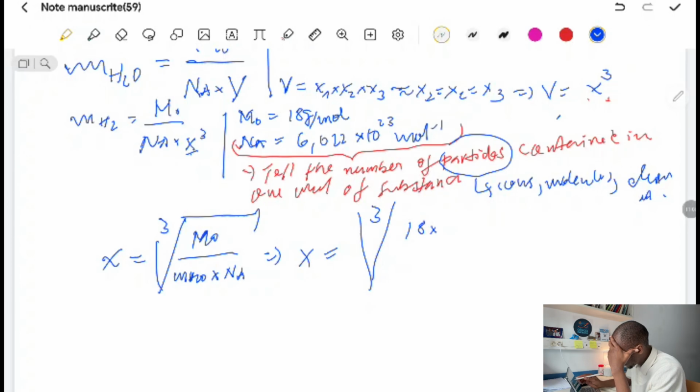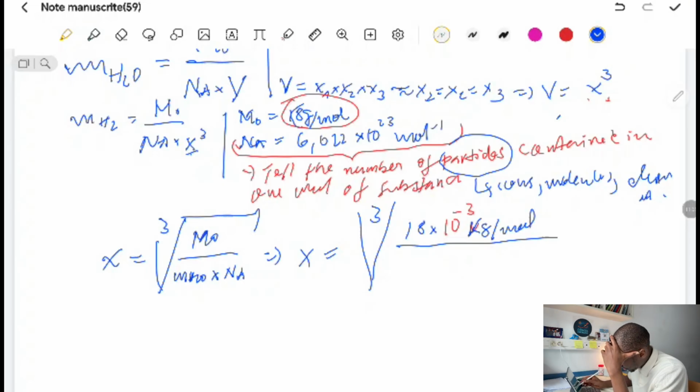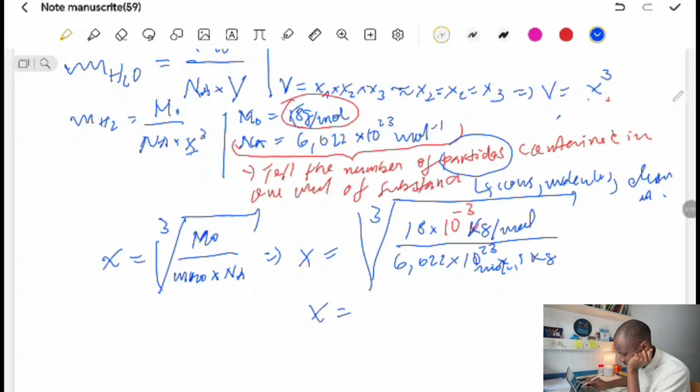It's in grams here, and we have to convert this to kilograms, which is times 10 to the power of -3 kilograms per mole, over 6.022 times 10 to the power of 23, times 1 kilogram, and that one is mole minus 1.